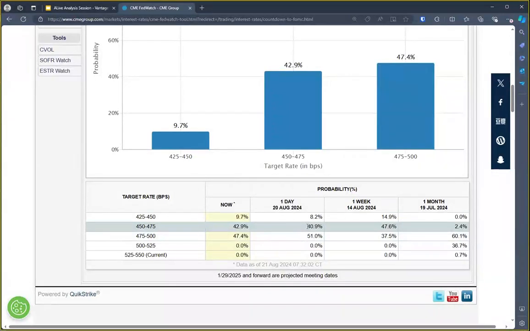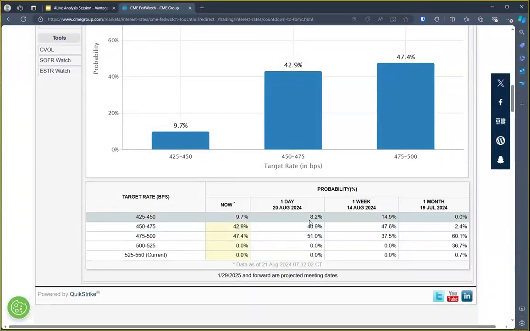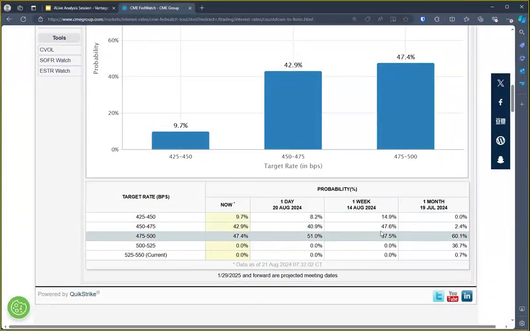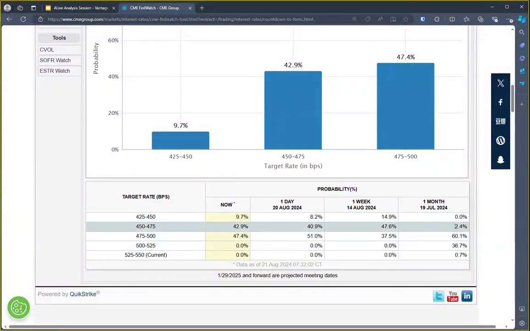The 75 basis point cut from now, right, till then has been increased by a small amount, 2%. But as compared to, say, 1 month ago in July, okay, a 75 basis point cut increased from 2.4% of the distribution to 42.9%.